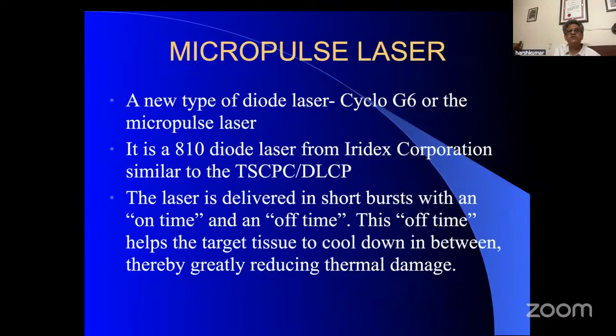A new type of micropulse laser had come, a new type of diode laser, Cyclo G6. Basically, the idea was that it was much less destructive than DLCP or the TSCP that we call, because of the off time of the laser. The problem was that the company touted it as, instead of doing trab, you can do this.